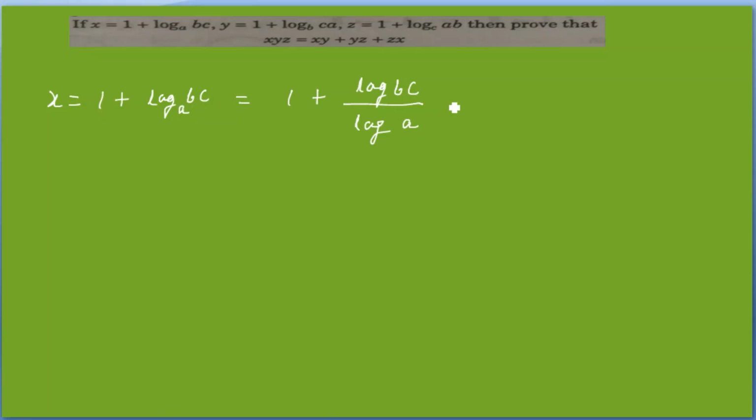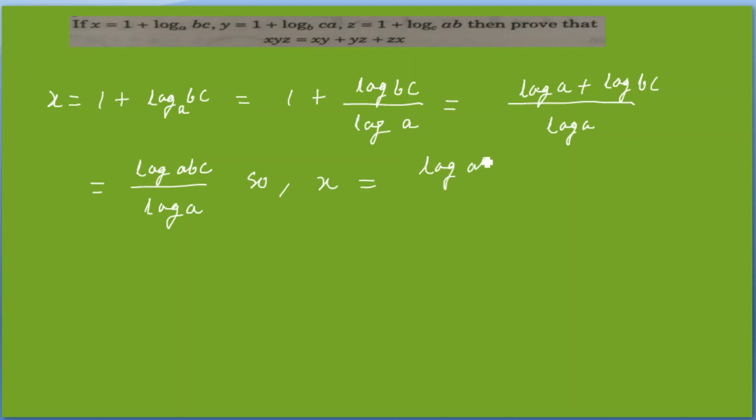Similarly, as explained in the previous question, this can be written as log a plus log bc upon log a, that is log abc upon log a.